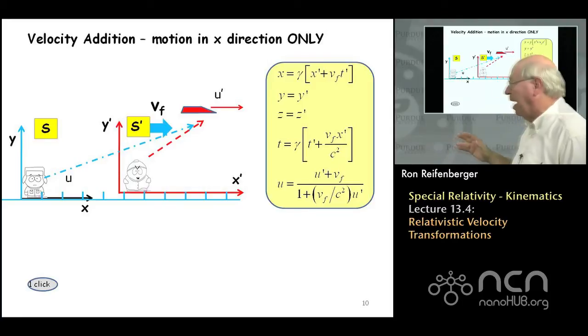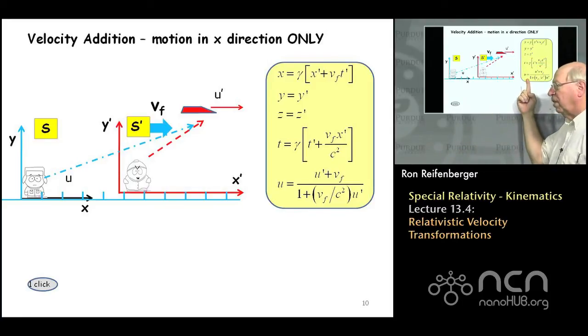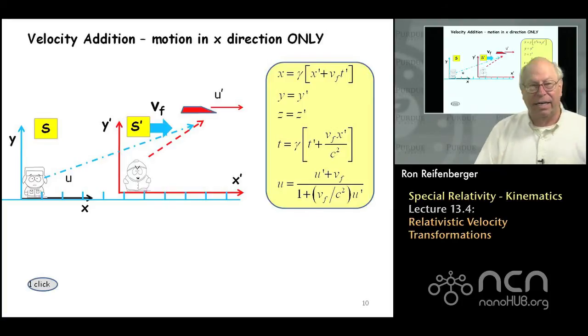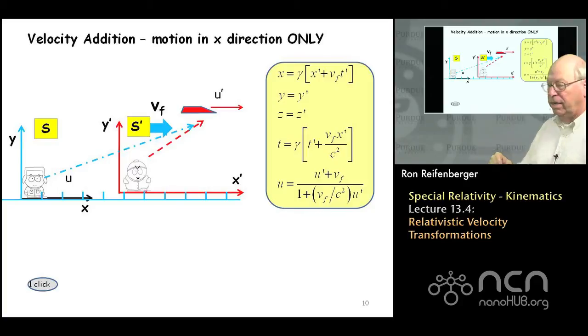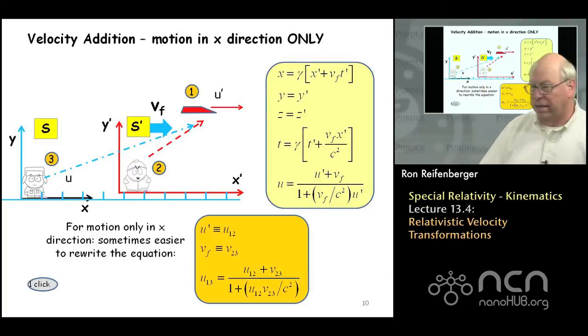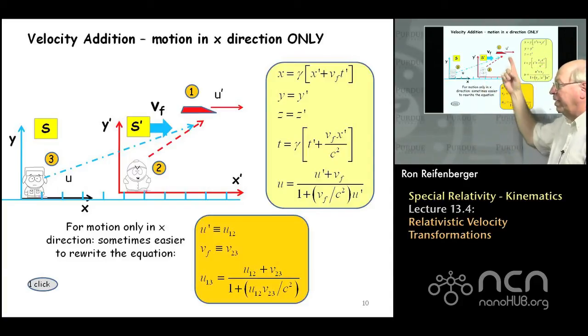To solve that problem, you can use the velocity transformation equation written in this form. I tend to get confused when I use this form of the equation, so I like to rewrite it in a slightly different way. I label the object that's moving with the subscript 1.